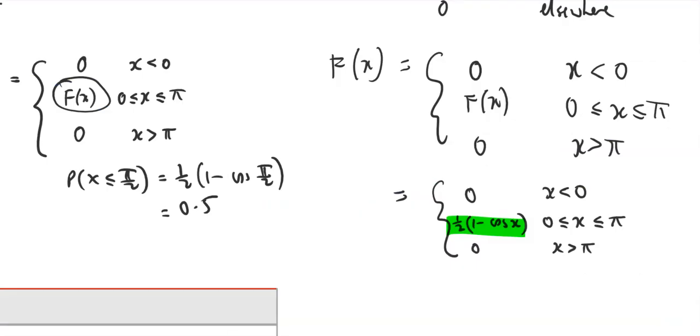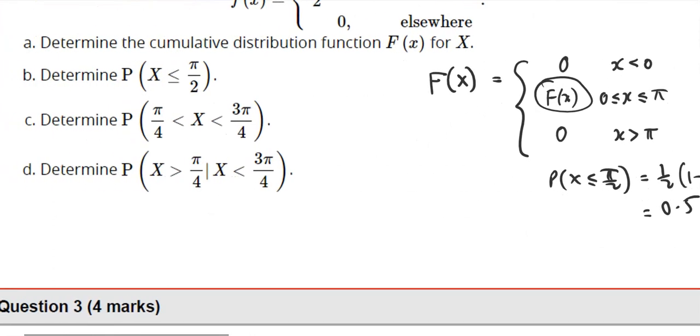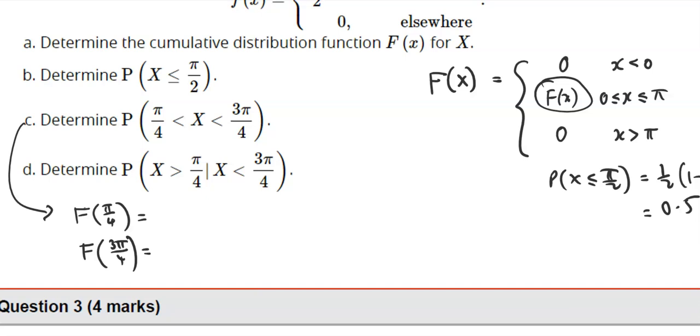The second one is between pi on 4 and 3 pi on 4. How might I do that? Yeah.